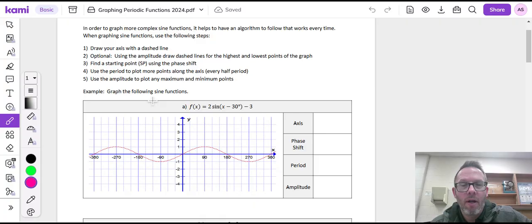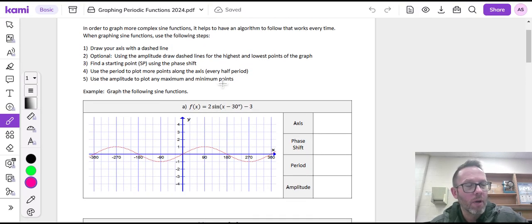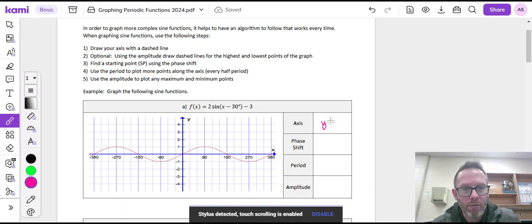Our first function, f of x equals 2 times the sine of x minus 30 degrees, minus 3. What we learned in our last lesson is that we can pick off a lot of the properties of this periodic function right from the equation. For example, I know that the axis will be y equals minus 3 because of the minus 3 on the end.